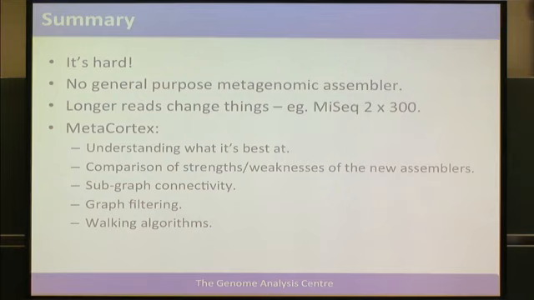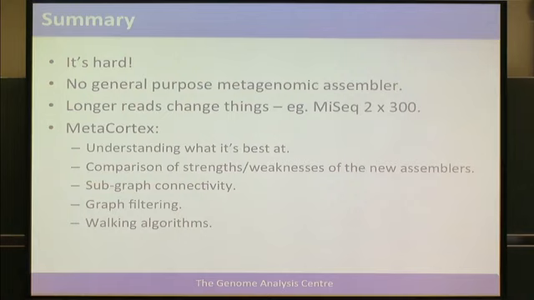Longer reads are going to really change things. Again, we heard a bit about that in one or two of the other talks. Things like the MiSeq 2x300 reads are so much more of an improvement over the 76 base pair reads used for the BAT data, and whether things like nanopore are going to change this field, we'll have to see. But until we've got those really long reads, I think there's still work to do in metagenomic assembly.